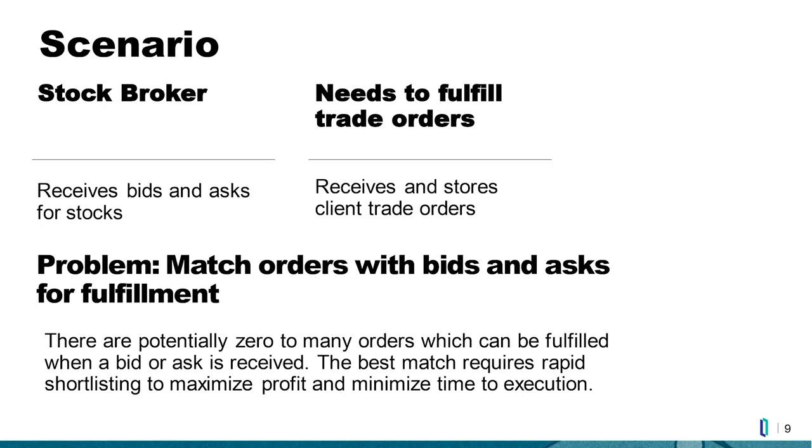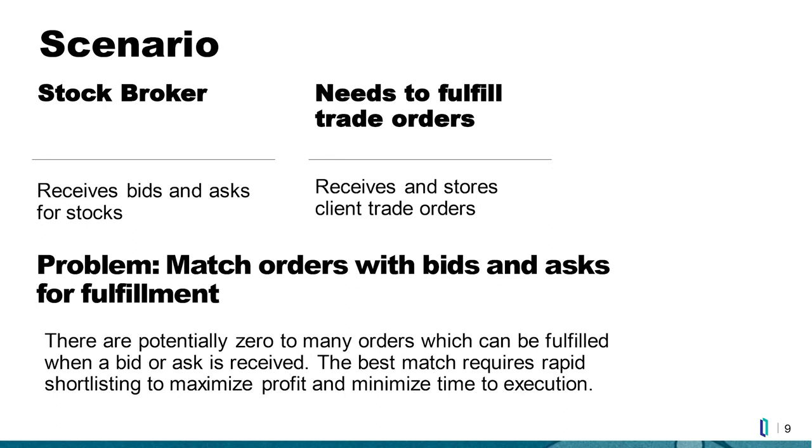Okay, so let's, if you like, invent a problem that we're going to solve so that we can explain the parts that you will see in the demonstration. Some of this is clearly invented. It may or may not represent a real situation in the industry. But here we go. Let's say we've got a stockbroker who needs to fulfill trade orders, okay?